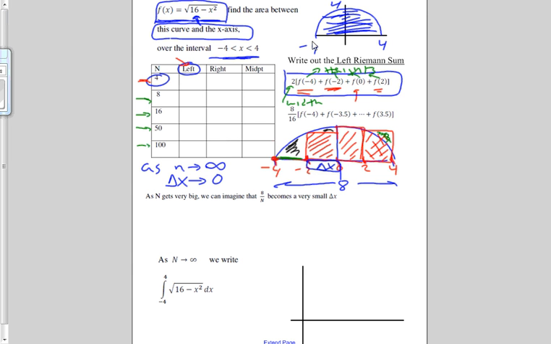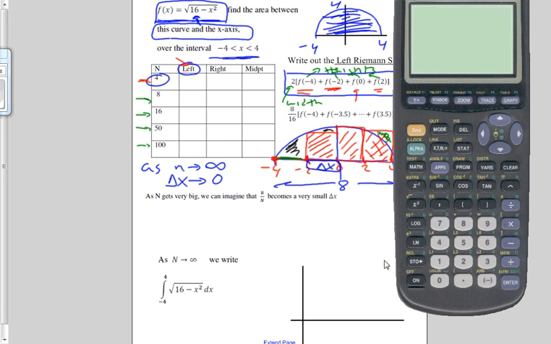So let's start filling out this chart so we can see what the area is getting close to. This is practice on using your Riemann sums program.